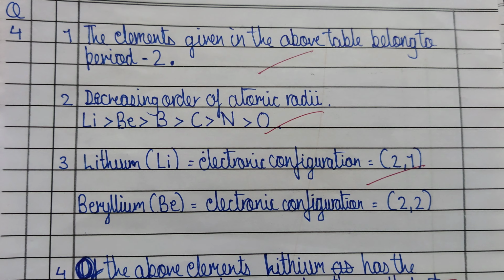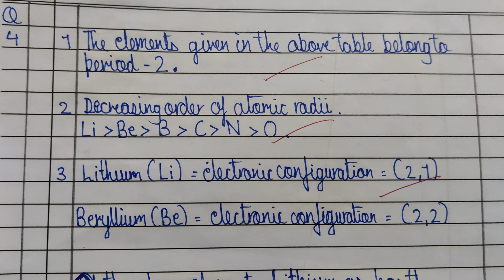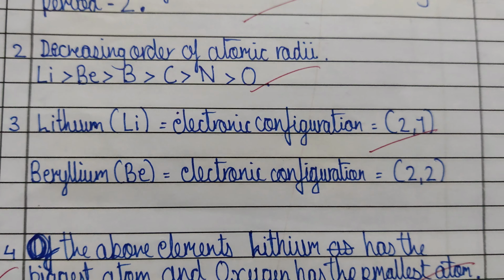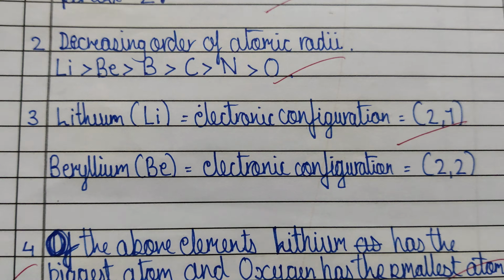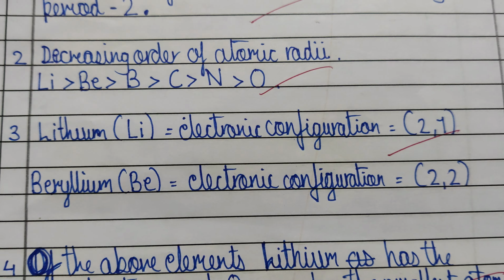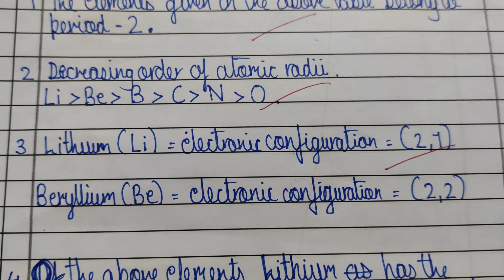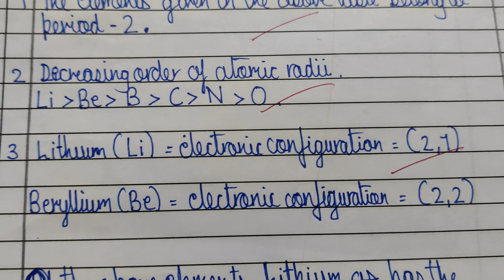The elements given in the above table belong to period 2. Decreasing order of atomic radii: Li, Be, B, C, N, O. Lithium, that's Li, electronic configuration 2, 1. Beryllium, that's Be, electronic configuration 2, 2.